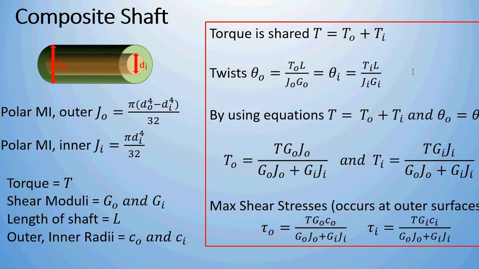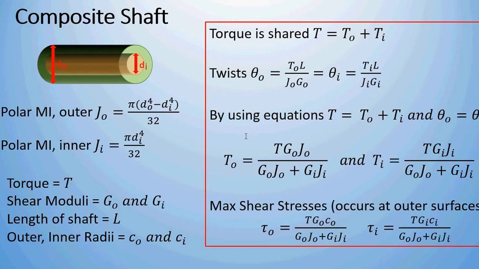Now when you combine these two ideas, that the full amount of torque is a summation of the outer and inner torque values, and that the twist is equal, you can derive these two equations, which let you solve for the actual outer and inner torque values.